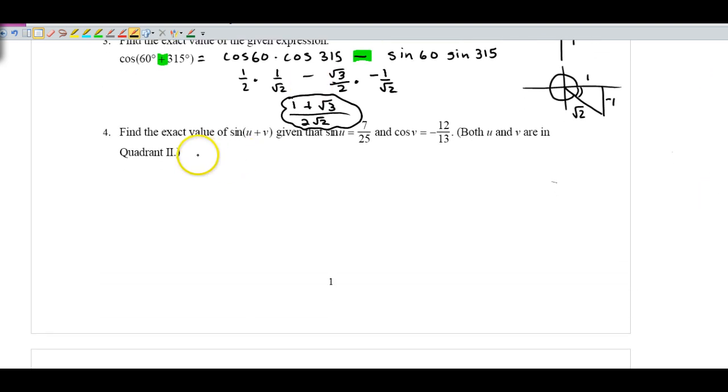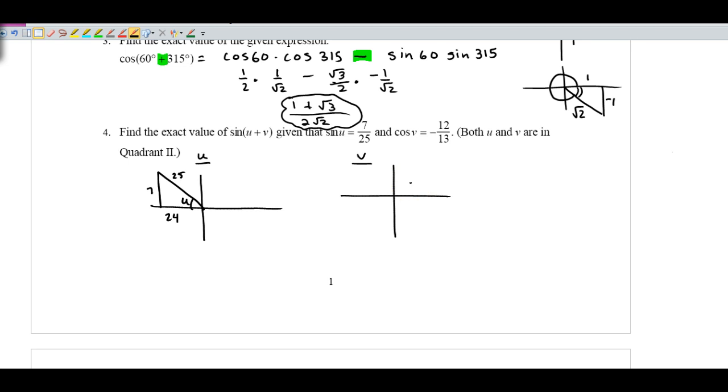Number 4 is two angles. One angle is u, and one angle is v. So then this angle u is going to be in quadrant 2, and I'll label that angle u. This is 7 over 25, this is 24, and this is going to be v, which is in quadrant 2, so it's negative 12 over 13, and then this is 5.